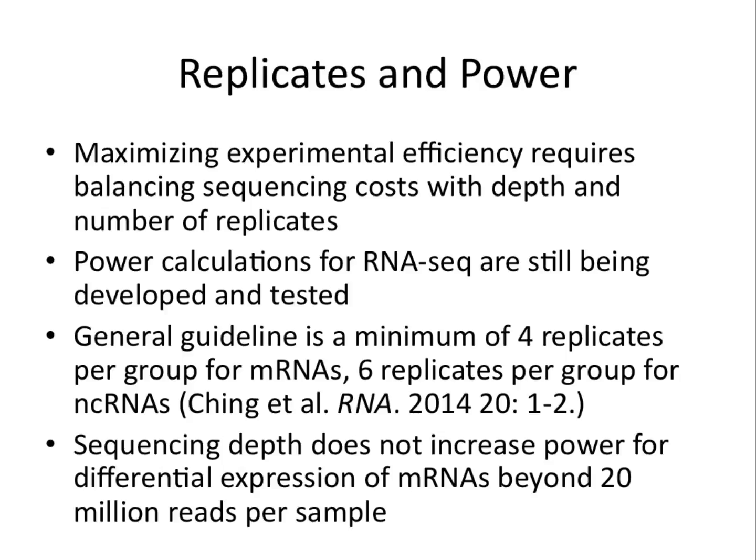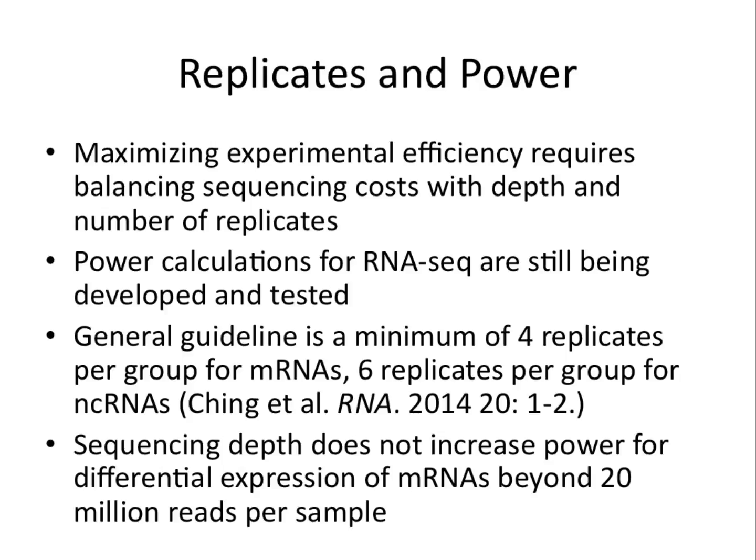For example, it's recommended that you have at least 4 replicates, preferably biological replicates, per experimental group if you're looking at messenger RNAs, and 6 replicates per group for non-coding RNAs.